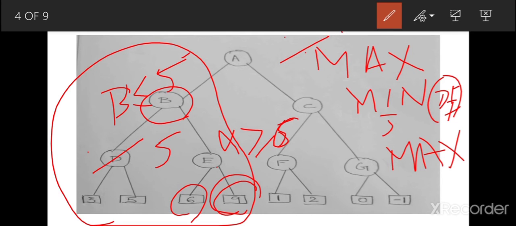So now suppose the value of E is 6, because 6 is passed to node E. Suppose the value of A is 6.